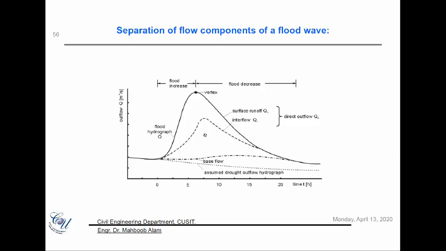Separation of base flow components of a flood wave is not a topic at this level, but just to let you know that there are different methods available where we try to isolate the reaction of precipitation from the consistent behavior of a river.